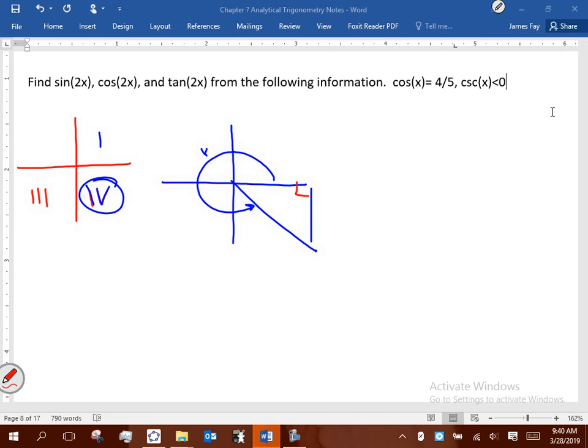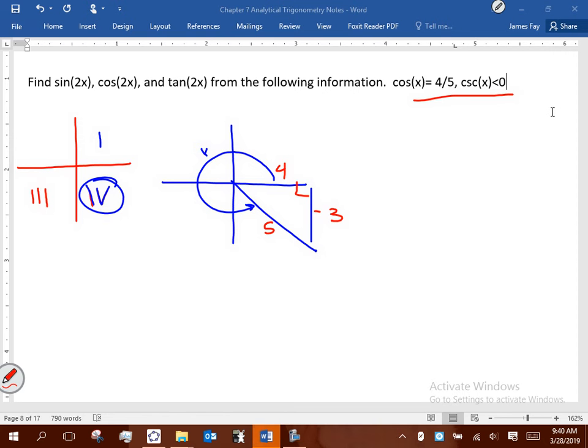Okay? The cosine is 4/5. The reason for all of this stuff, which determines the quadrant, was just to tell me that the 3 has to be what? Negative. And that's it.